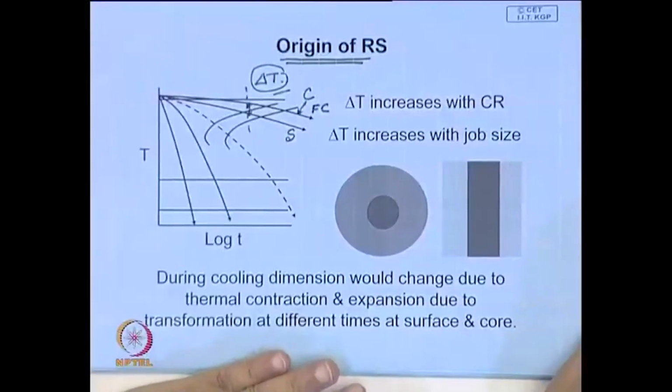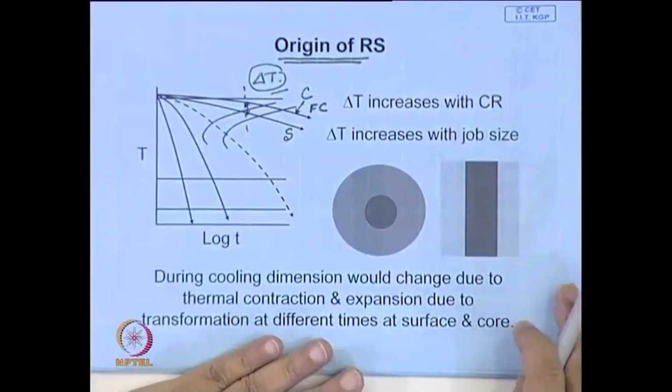One is trying to contract as a result of the coefficient of expansion, as the temperature goes down, your job will try to become smaller. As against that, when transformation takes place, it will try to expand.